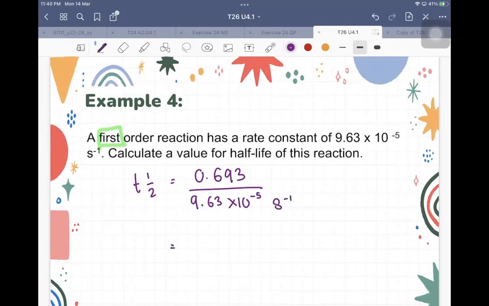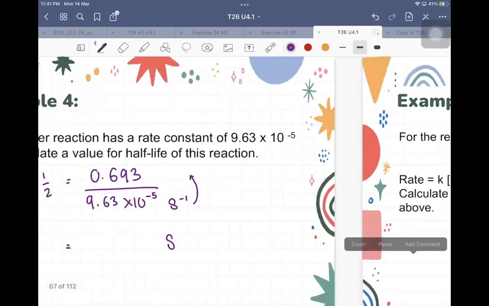The unit would be in seconds because you bring up the s minus 1. Please work out the numerical answer for that. It is pretty straightforward.